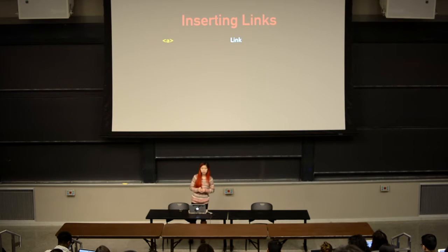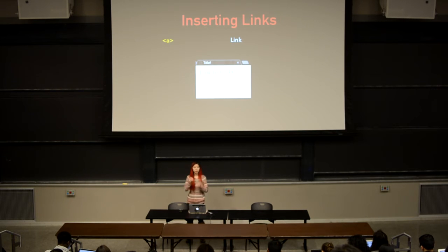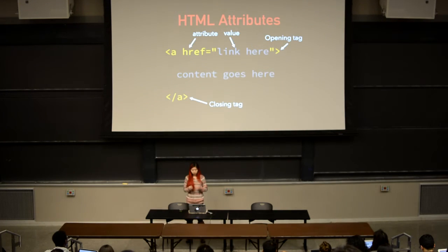So for inserting links, it's a little bit different from before, because if you think about links, you have the text for the link that's displayed on the website, right? But you also have where that link is going to, the URL. And where do you put that information? You store it in what's called an HTML attribute.